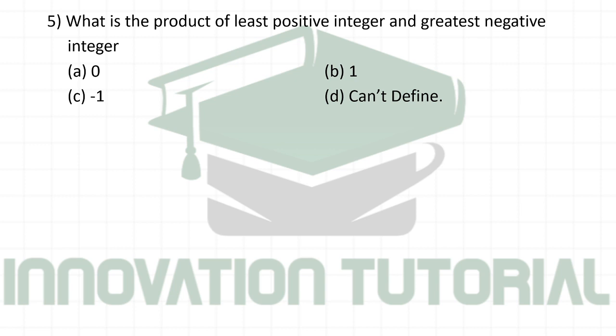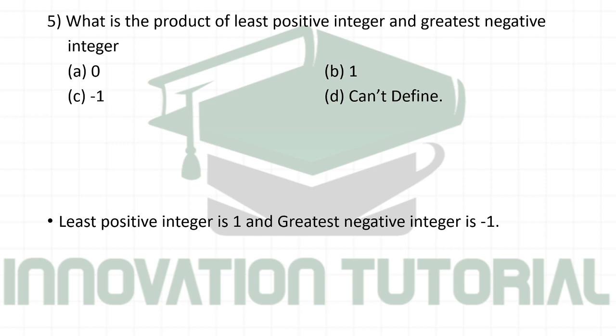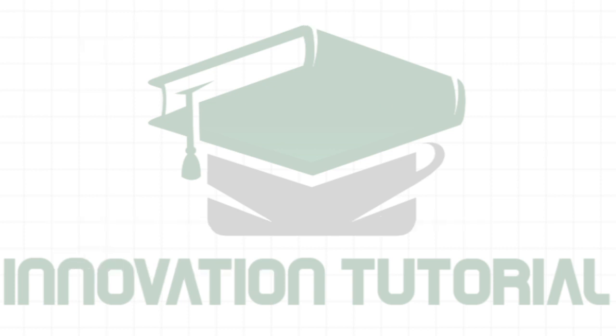First, you have to know what the smallest positive integer is. The smallest positive integer is 1 and the greatest negative integer is -1. So if we multiply 1 with -1, we get -1. So the correct answer to this question is -1, that is option C.